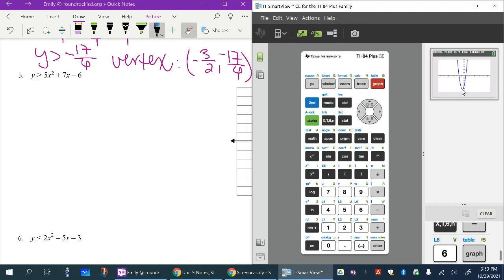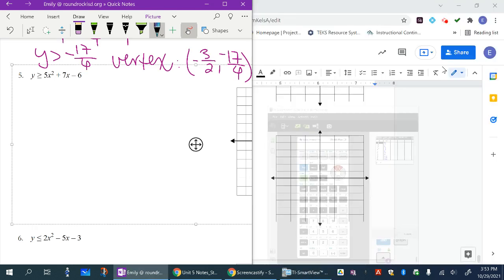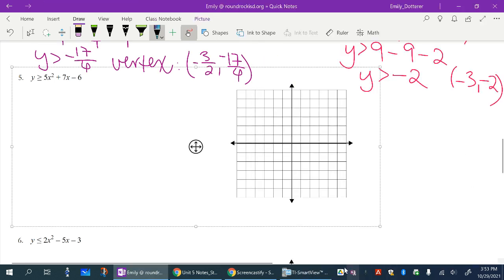And we can see that our vertex is right about there. That looks like negative 1. Yeah. And we could pick points from here to graph. So if you're in on level, you're welcome to do that.